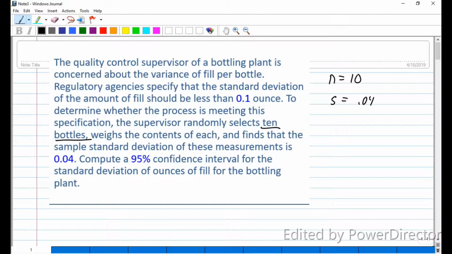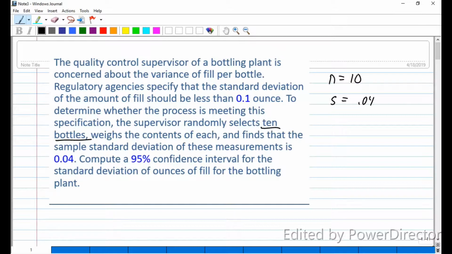For T distributions, we really didn't have that table, so we had to figure out the alpha, divide it by 2, and that told us which column to use on our T critical value chart. Well, with chi-square distributions, we need to figure out that alpha, and that's going to help us figure out where to look in our chart for the right and left critical chi values.